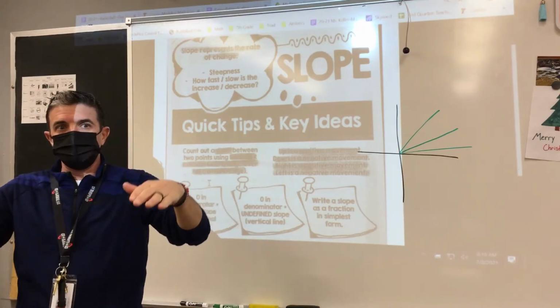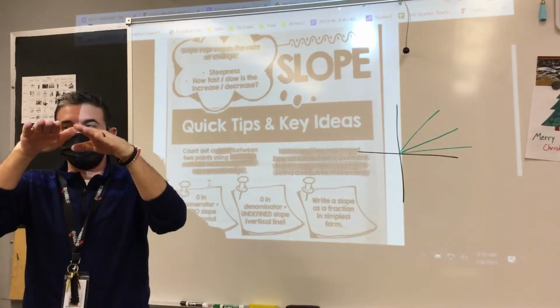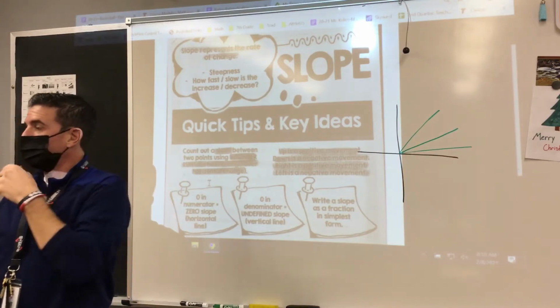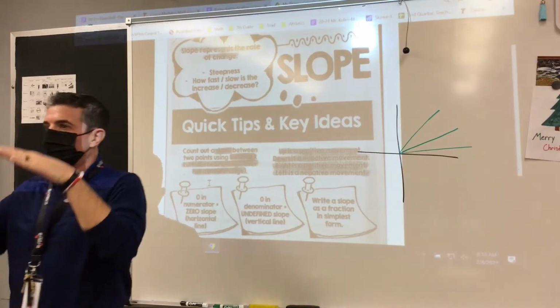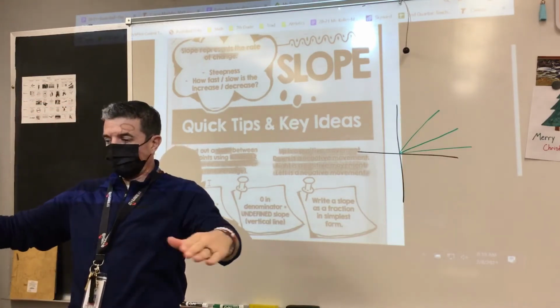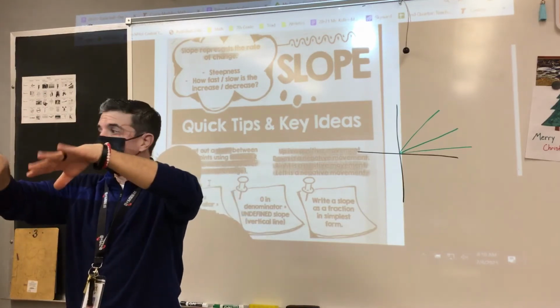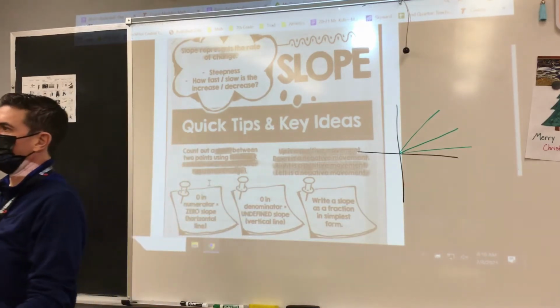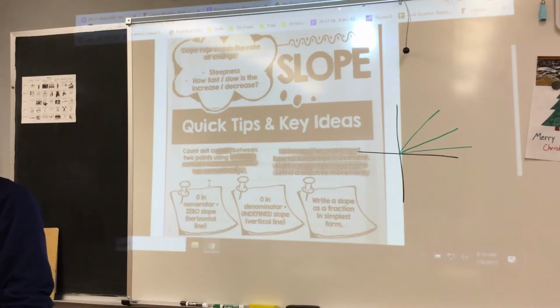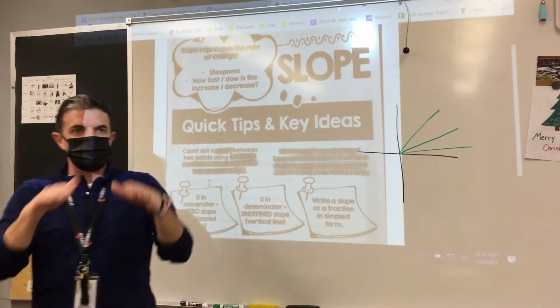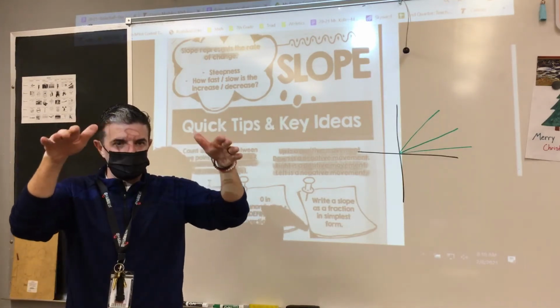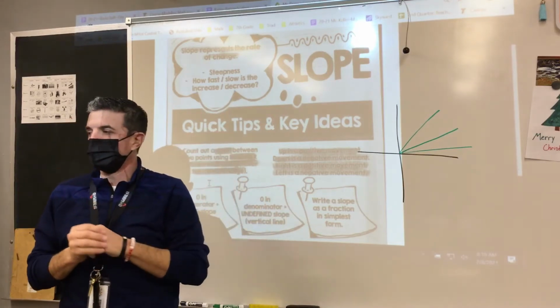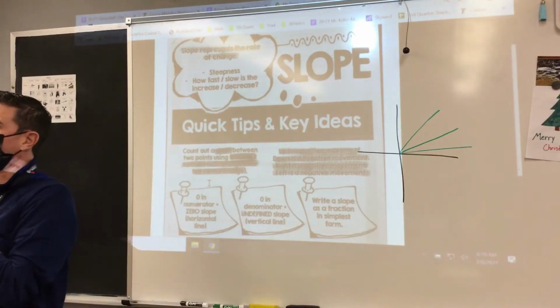At your house, you have slope away from your foundation. You want the water to roll this way off your house and not that way, where it could potentially get into your basement or your house. Slope of a ditch, how steep it is. Those are all important slopes.